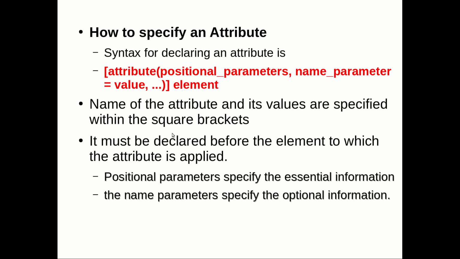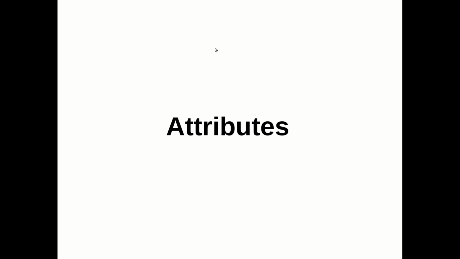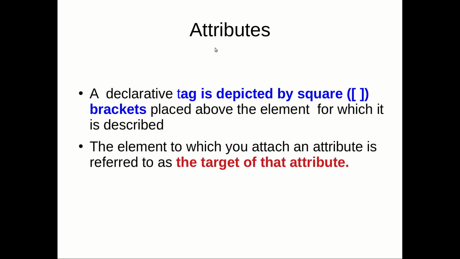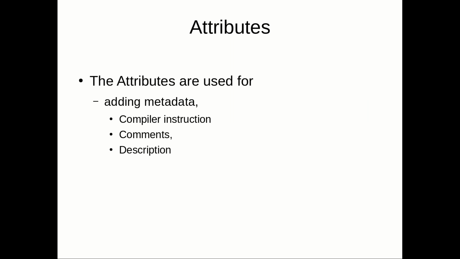Now the next question is, how are we going to specify an attribute for an element? So, what are the things we have covered so far? We have seen what we mean by an attribute, and how you declare an attribute using the declarative tag. What is the purpose of the attribute?